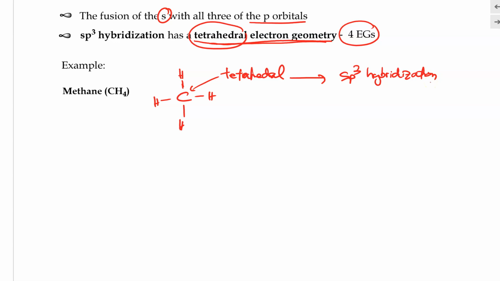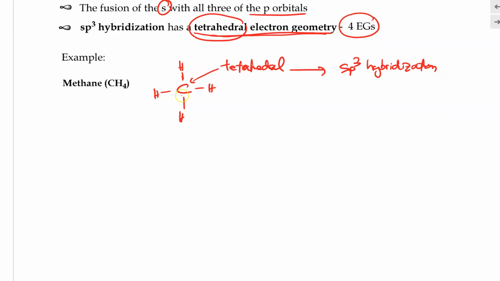Now let's see what's happening in this sp3 hybridization. Each of the hydrogens is involved in the bonding by simply using the 1 electron from its 1s orbital.